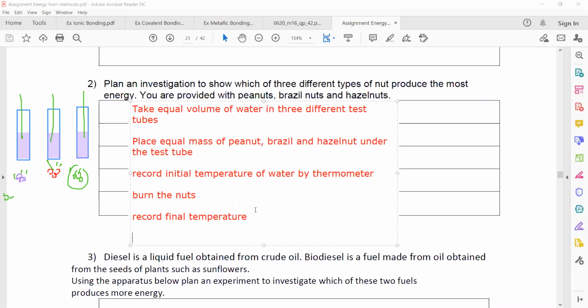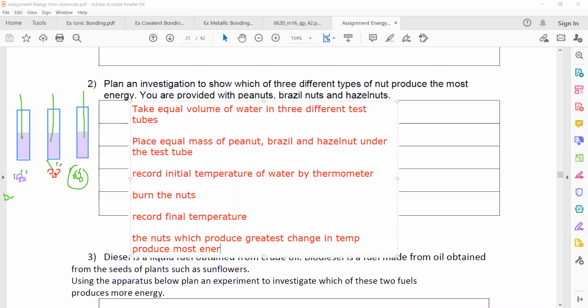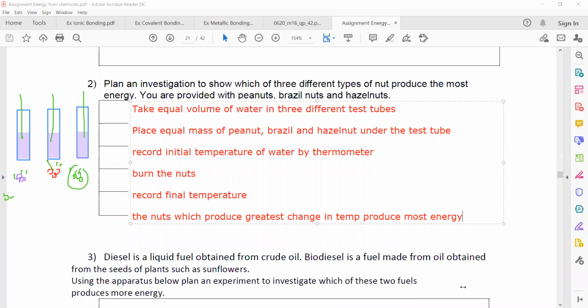And the nut which produces the greatest change in temperature produces the most energy. So this was the experiment which we planned.